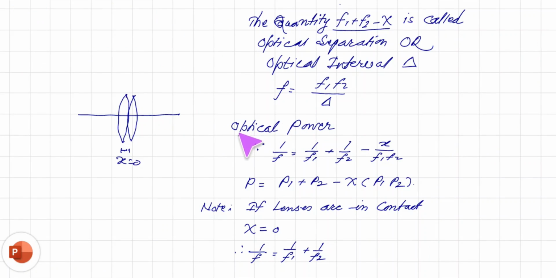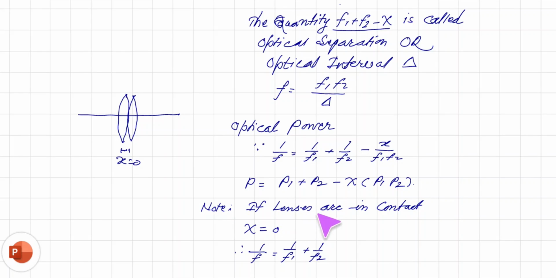Now let us consider optical power related to this system. We know that 1 upon f is equal to 1 upon f1 plus 1 upon f2 minus x upon f1 f2. So the power P is equal to P1 plus P2 minus x into P1 P2, as we know that power is the reciprocal of f.